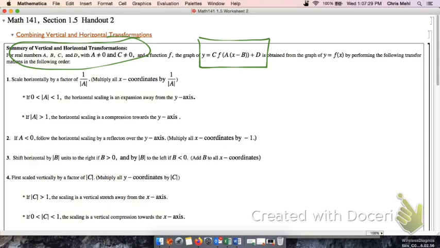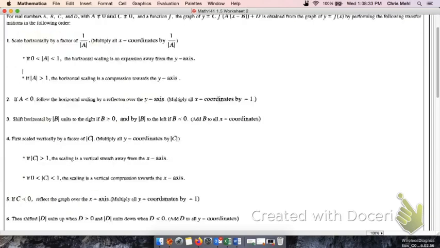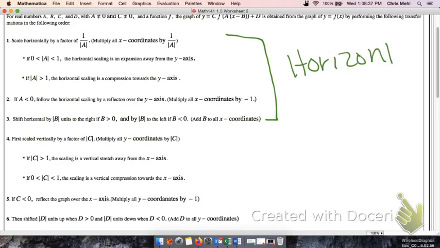Again, all I've done here is that the first three steps are just the horizontal transformations given by a and b, and the last three steps are the vertical transformations given by c and d. So these first three steps here are your horizontal transformations.